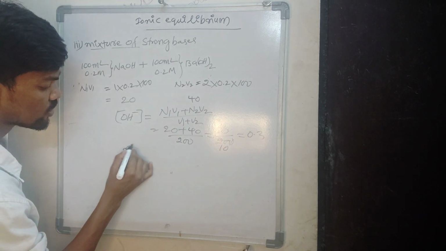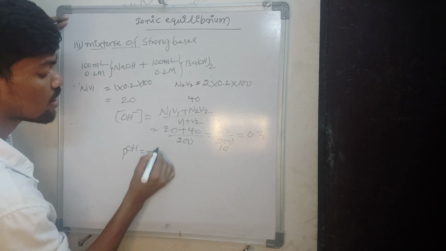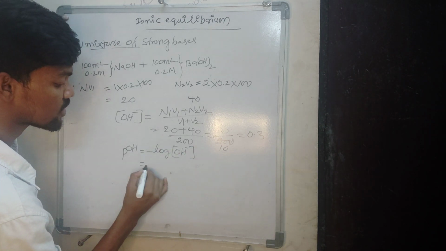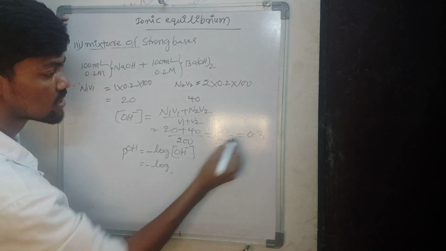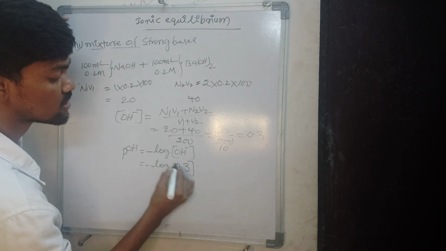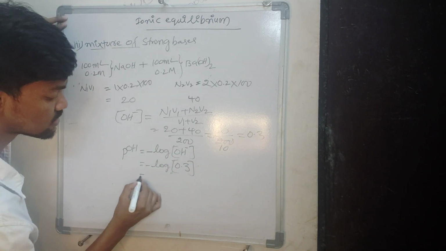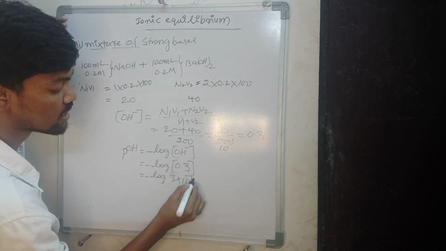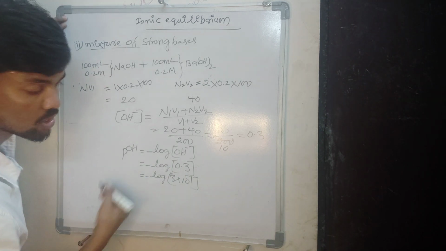How can you find the pOH value? Minus log OH minus concentration. How much is it? 0.3. How can you write this? 0.3 is 3 into 10 to the power minus 1; you can write it like this also. So how can you separate this?